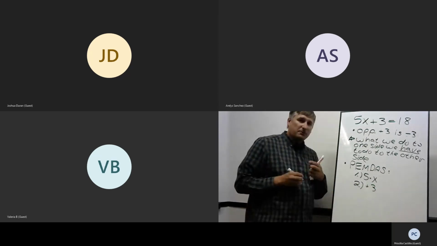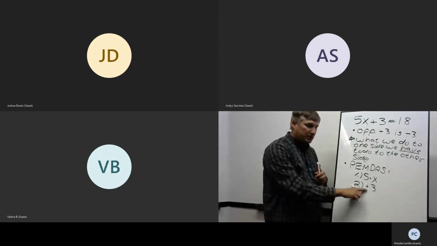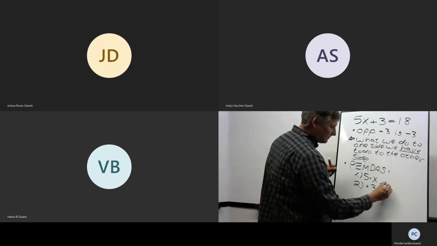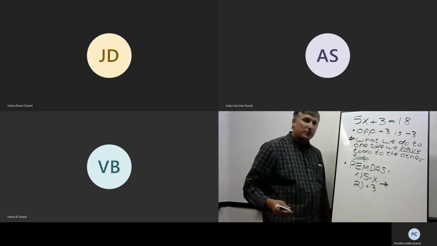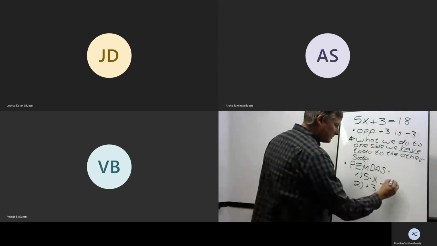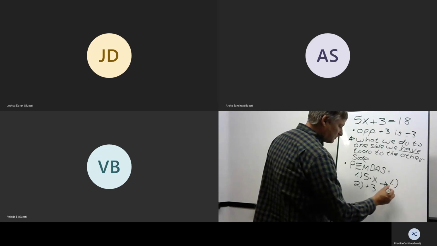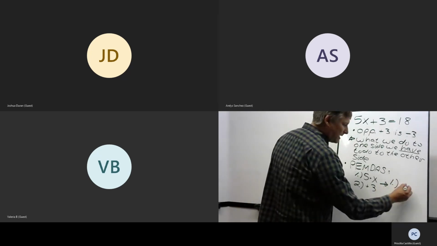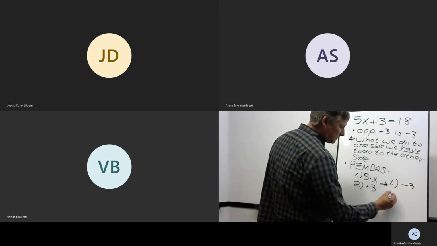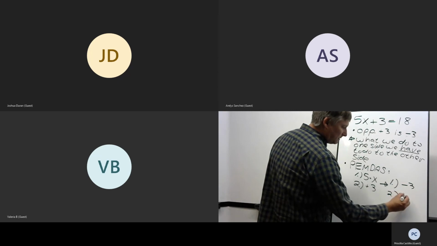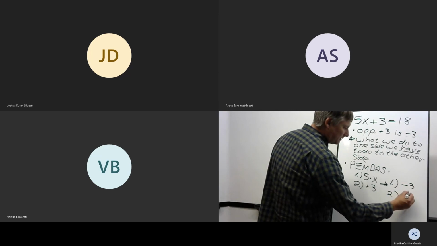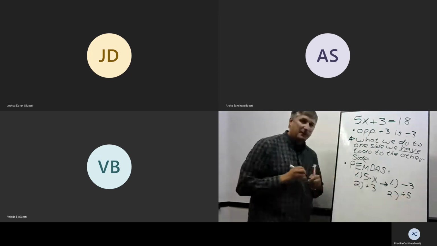So under PEMDAS, we do 5 times x, and then we would add 3. If we're going to reverse everything, we'll subtract 3, and then we'll divide by 5.